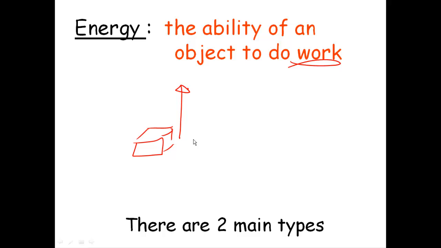The energy measured in joules is the same amount of work that was required to lift it. So if it takes 10 joules of work to lift it to this new height, there was 10 joules of work done.